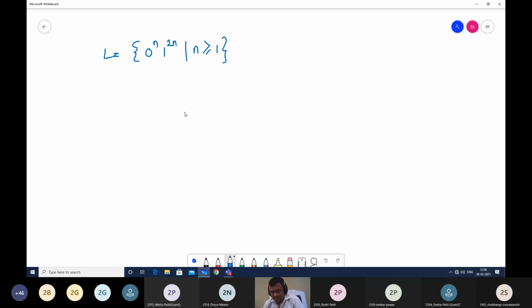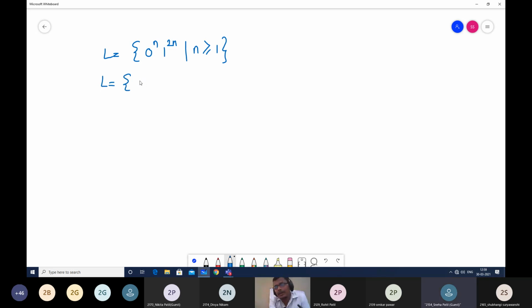My dear students, all of you pay attention. Now here, when I say 2n, it is twice the count. So when the value of n is 1, what does it indicate? I need one 0. When I have one 0, I need two 1s, because for 1 I have the power of 2n. Are you getting this?